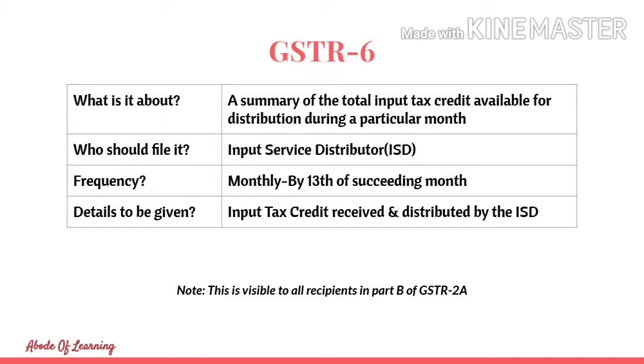Details to be given are input tax credit received and distributed by the ISD to its branches. Now, these details are visible to all the recipients who are receiving this tax in part B of their GSTR 2A. Remember, I told you what GSTR 2A is just a while ago. So in that, all the recipients can see these details in part B.